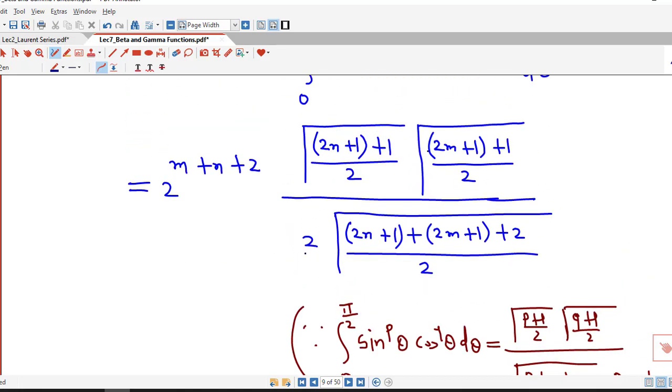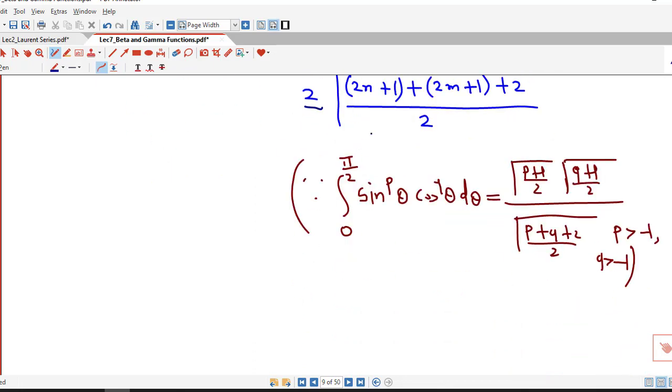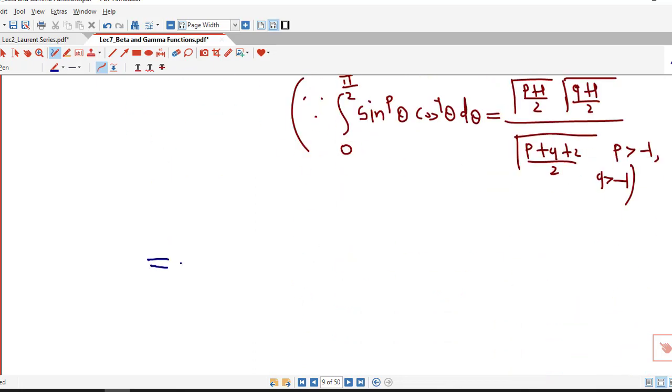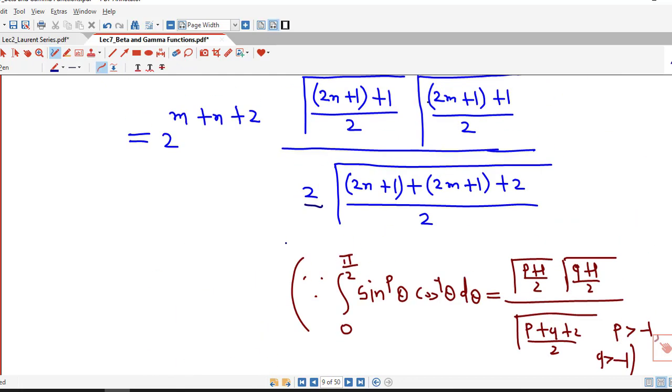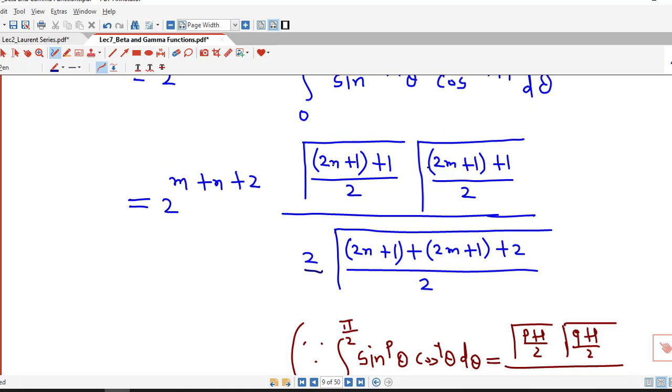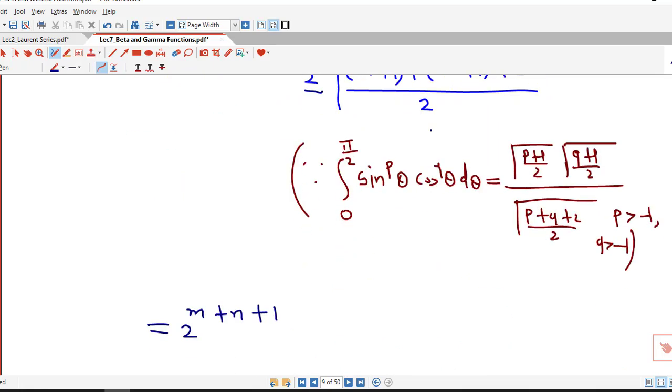So here we have 2 in the division, so that will cancel out 1 power of 2. So it is 2 raised to m plus n plus 2 minus 1, that is, 2 raised to m plus n plus 1. This we can rewrite as 2n plus 2, that is 2 into (n plus 1) divided by 2.